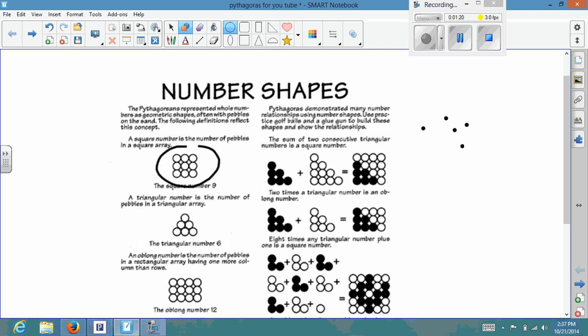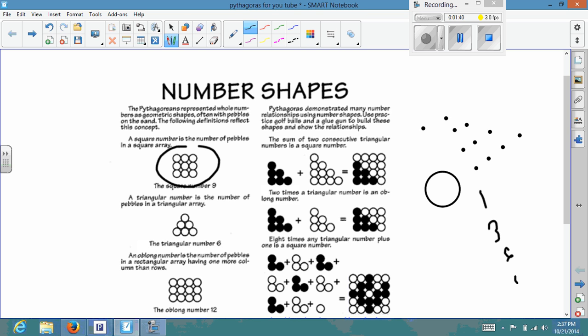If I add another row, the next triangular number is 6. And then the next triangular number is 10. So the triangular numbers are 1, 3, 6, and 10. And if you look at these numbers, you can see that they're increasing by a steady amount.